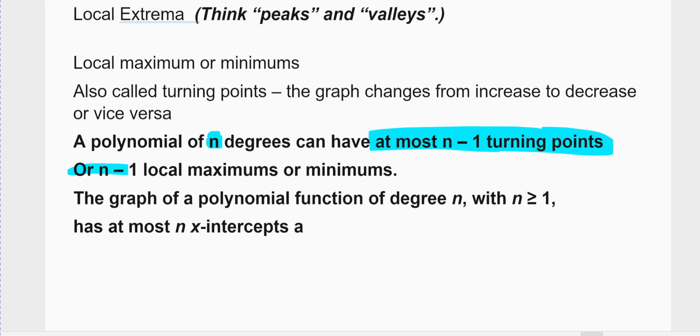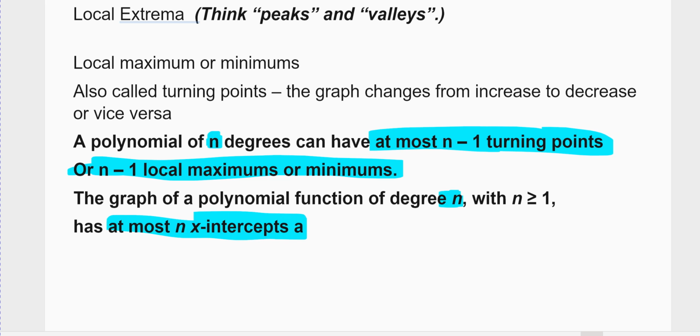So if it's degree 3, I can have at most 2 turning points. If it's degree 2, I can have at most 1 turning point, and that should make sense. A degree 2 is a quadratic. It only has 1 turning point, right? The vertex.